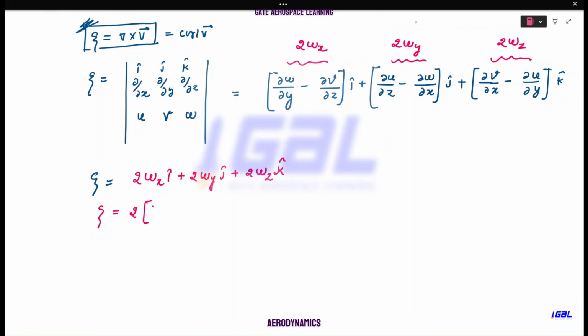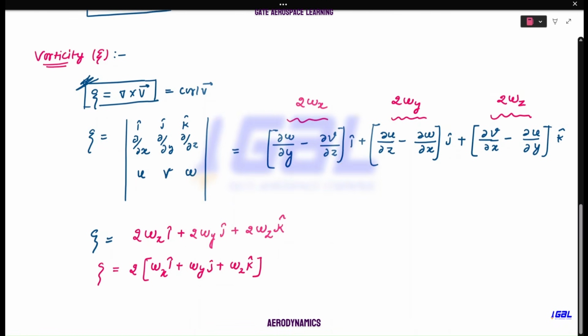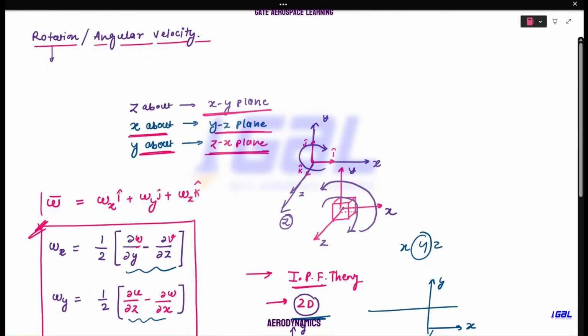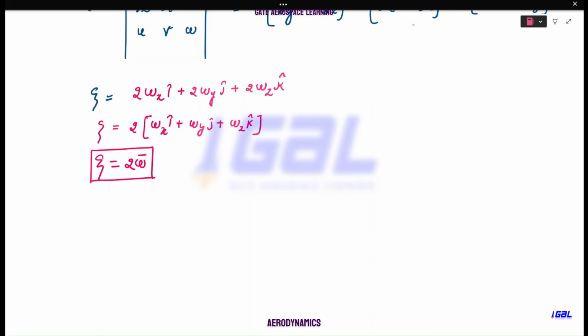Now I'm coming to the very important conclusion. Please focus on this. I hope I've written correctly. So now if you see this carefully, what is this telling us? Now I know my omega vector is this one, right? It is the addition of all the axes. So now my vorticity is nothing but twice the angular velocity, or twice the rotation.